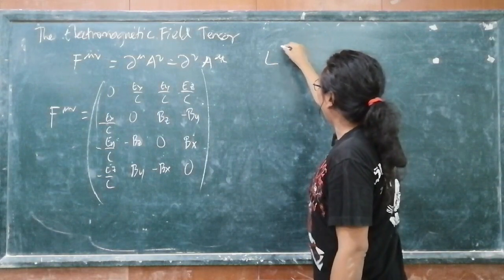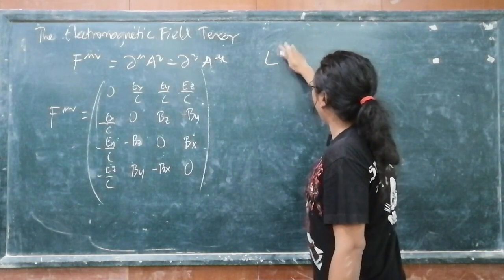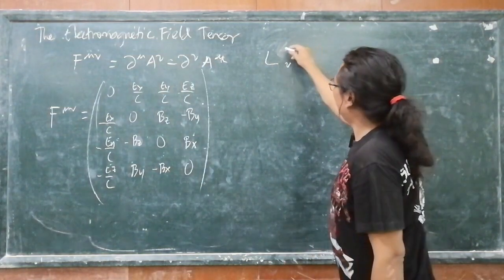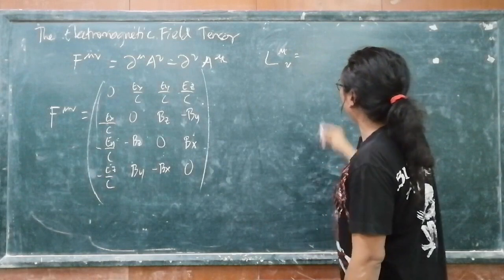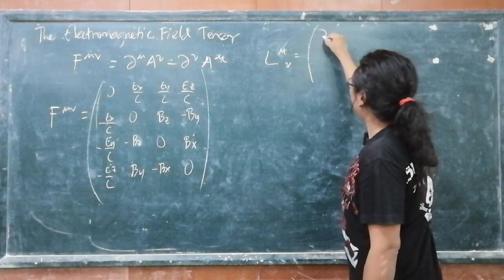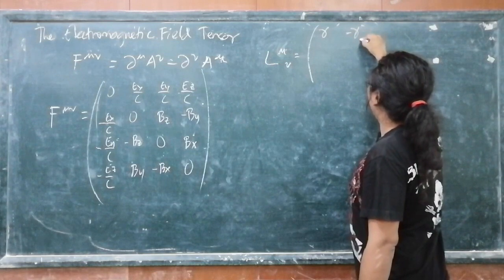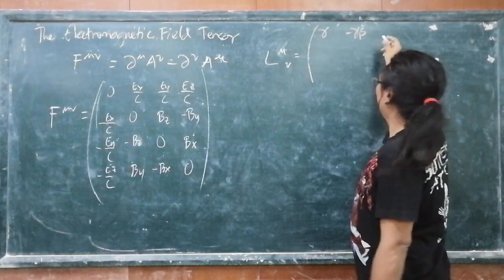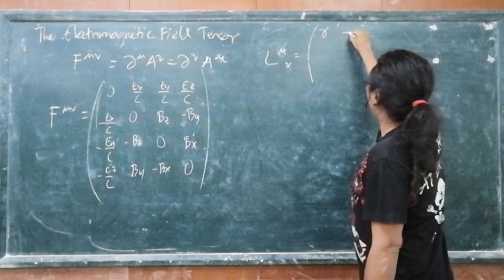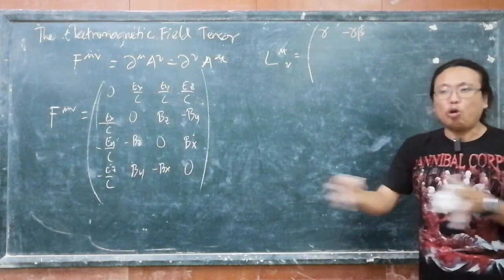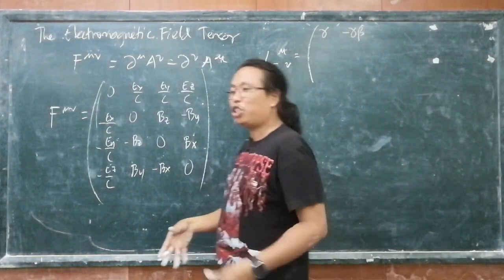L mu nu, the Lorentz transformation matrix, is gamma, minus gamma beta, and so on. We are actually taking only the transformation along x. The Lorentz boost is only along x.